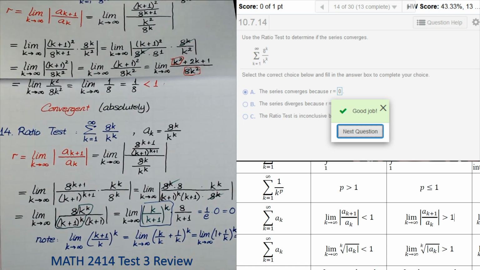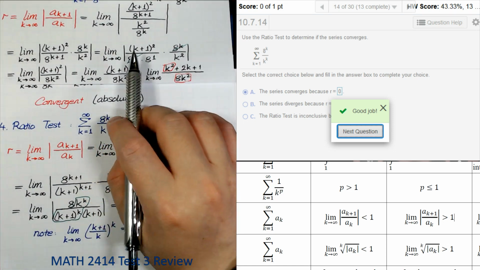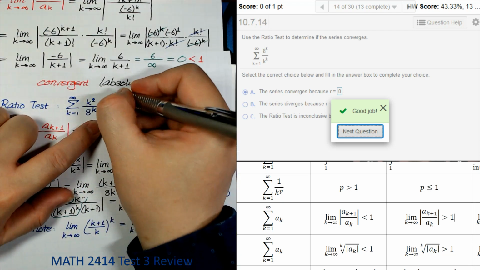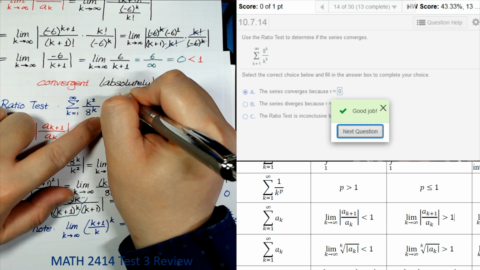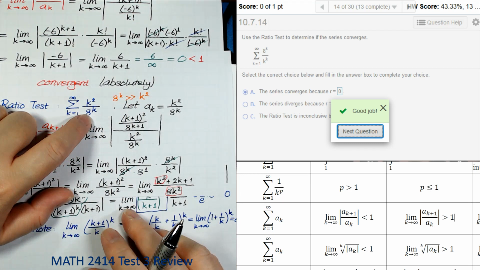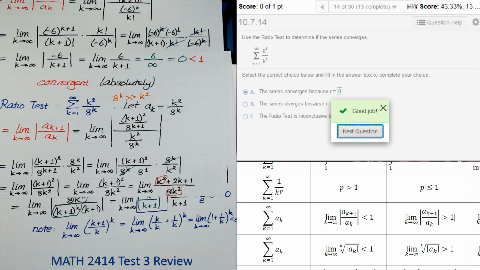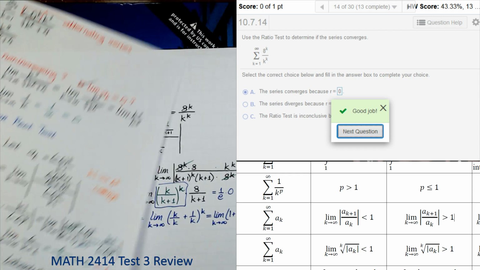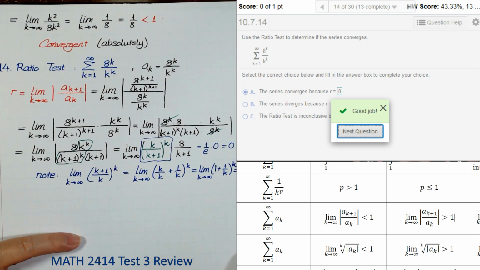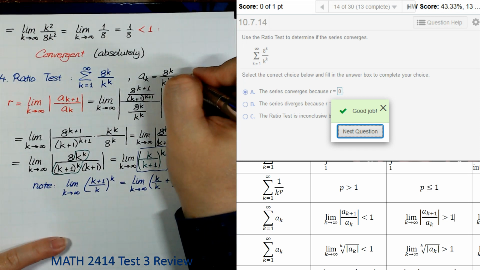And this one also converges because a to the k is significantly bigger than k squared. So with the bigger number on the bottom, the whole thing goes to 0 very fast, and therefore convergent. Same thing here.